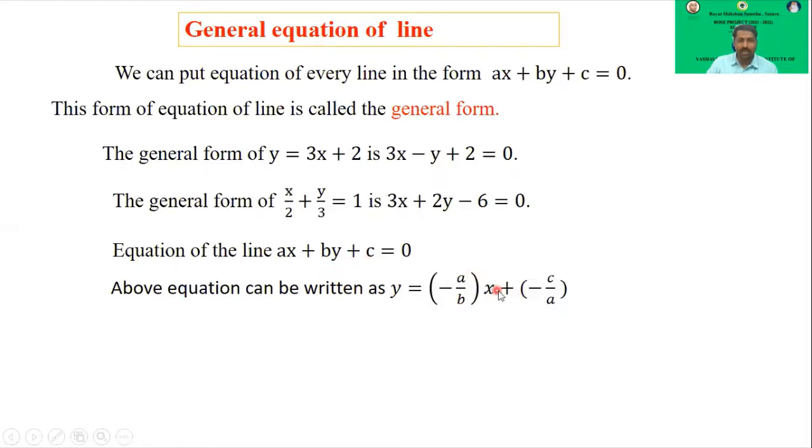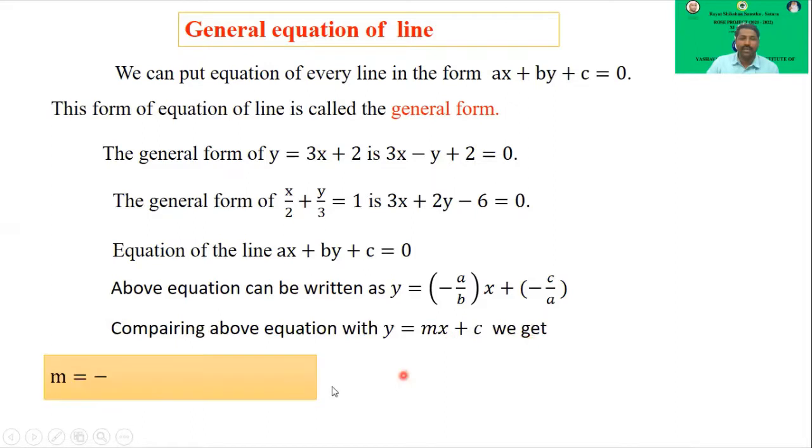Comparing the above equation with y is equal to mx plus c, we get m is equal to minus a upon b and y-intercept is minus c upon b. So we have got the slope of the line ax plus by plus c is equal to 0 as minus a upon b, that is, minus coefficient of x upon coefficient of y. So if we are given the equation of a line, we can find the slope of the line directly, that is minus a upon b.